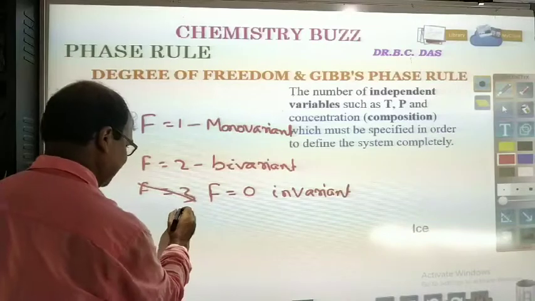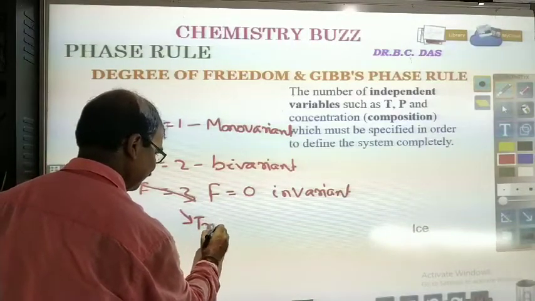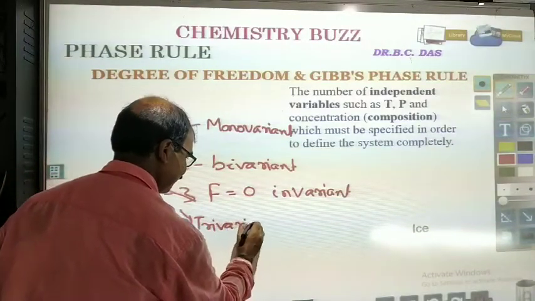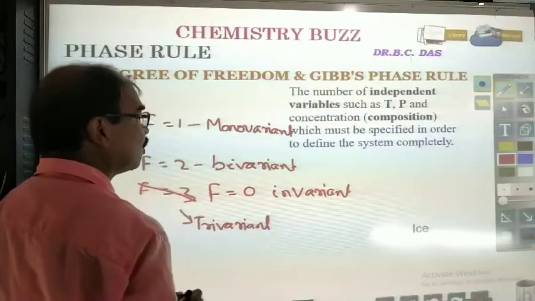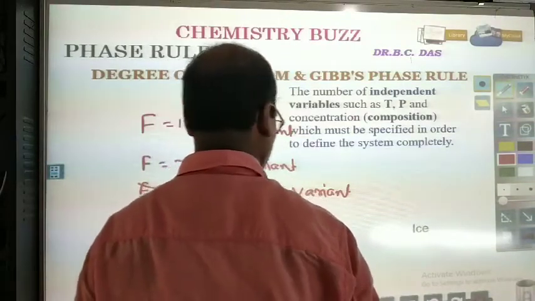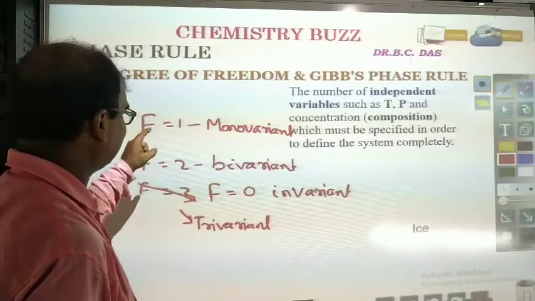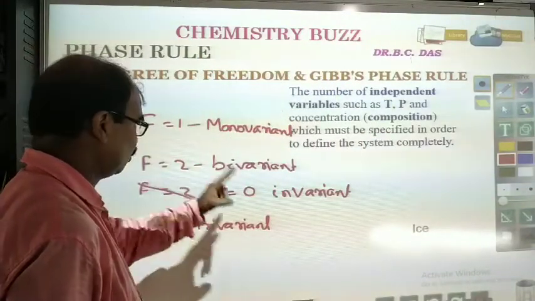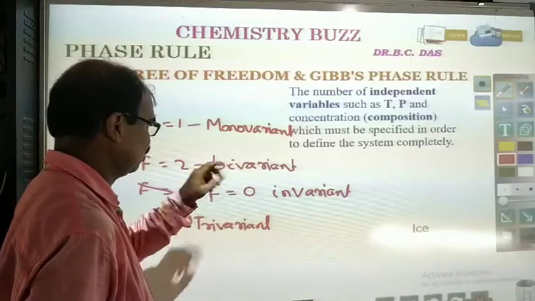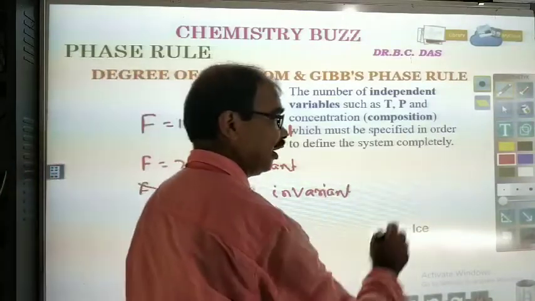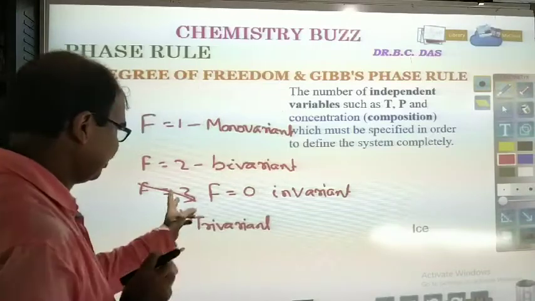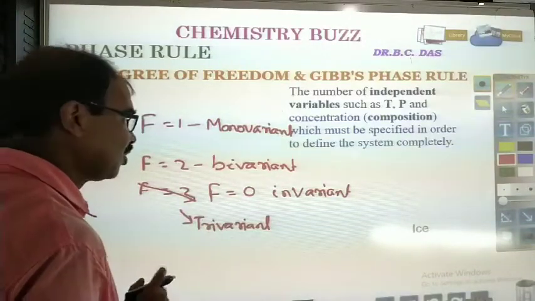And when F is equal to 3, it is trivariant. So in the gaseous state, one phase, that is monovariant; two phases, the degree of freedom is 2, so that is bivariant; and at the triple point, where ice, water and water vapor coexist, that is invariant.